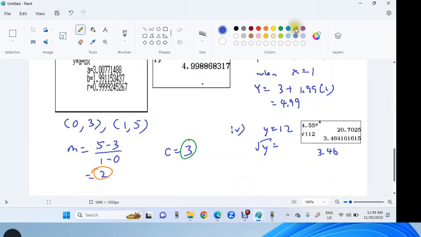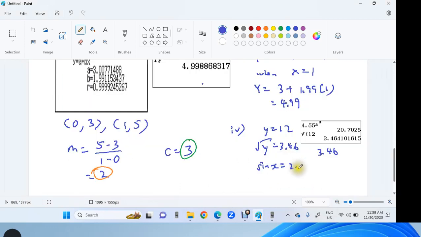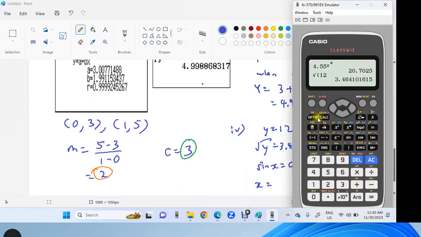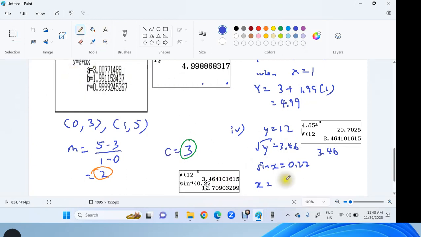So the square root of y is 3.46, and sine x is, no, it's 0.22. Then x is the arc sine of 0.22, which is 12.7 degrees. Okay, 12.71 degrees.